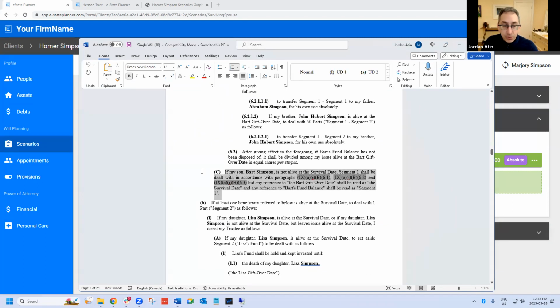So just to address that, you can see eState automatically says, this is all about the stuff above that was all if he survived. Paragraph C is all about if Bart is not alive, then we want the same gift over, and it refers to all the different gift overs and properly drafts it to say determined as of the survival date. So it does that automatically.